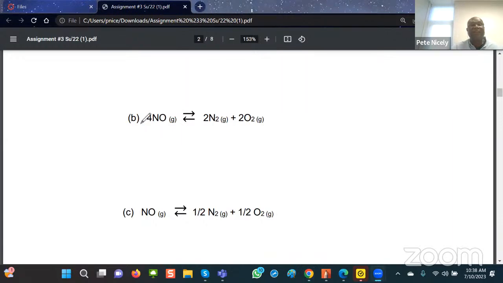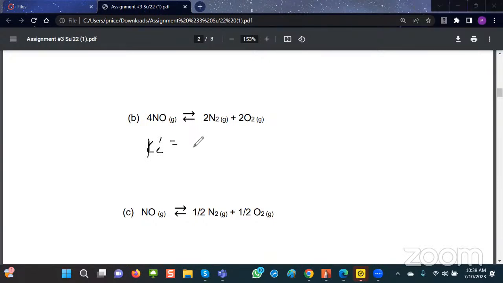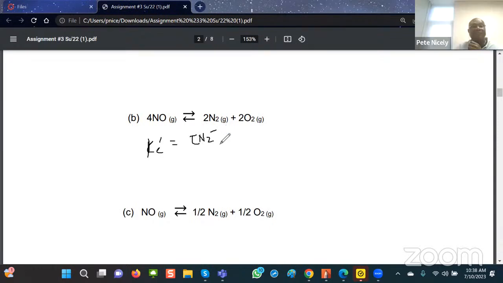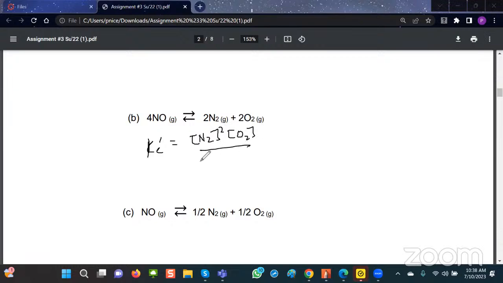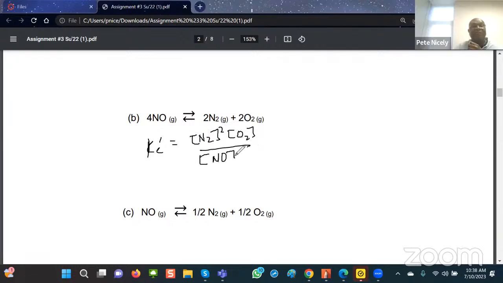What's the expression for Kc prime for this equation? That would be the concentration of N2 squared times the concentration of O2 squared divided by the concentration of NO to the 4th.